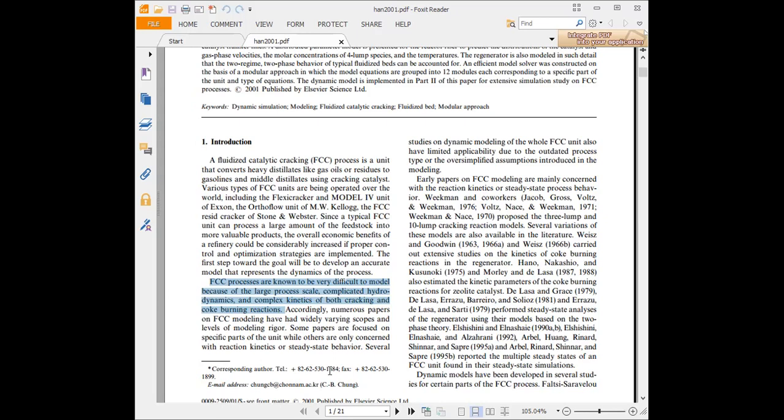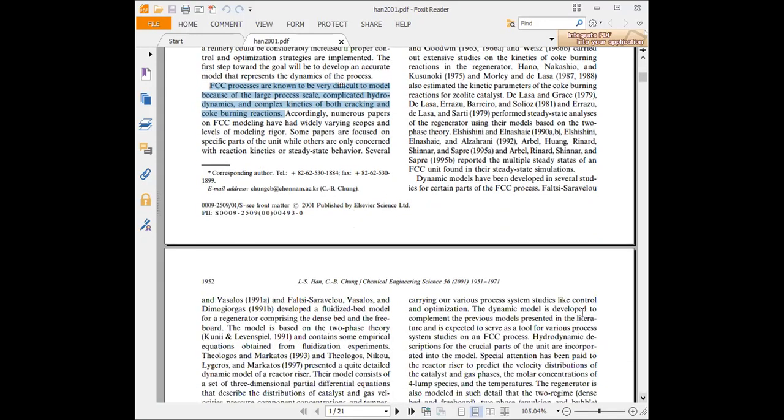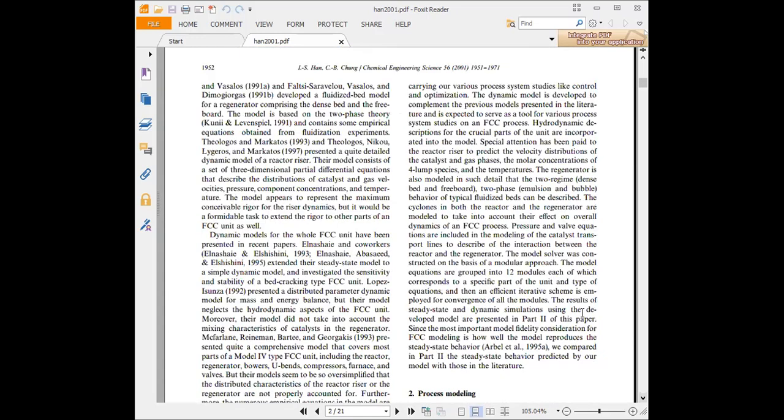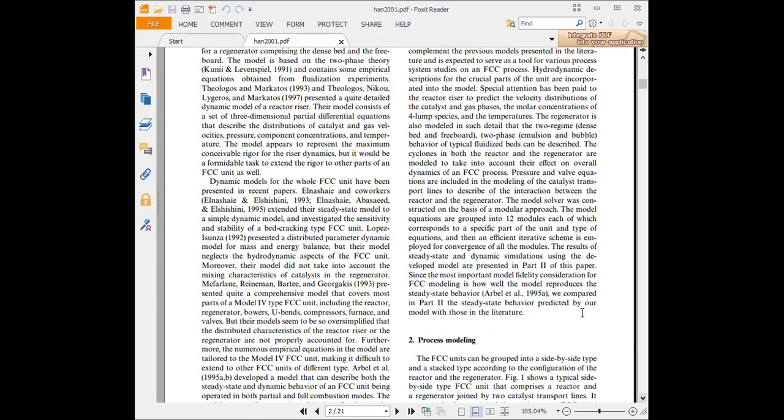There are a number of research articles available where a lot of work has been carried out by different researchers, and dynamic models have also been studied by many authors, right? Here in this article they try to present the model solver.